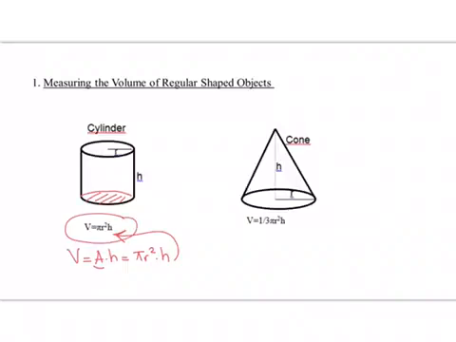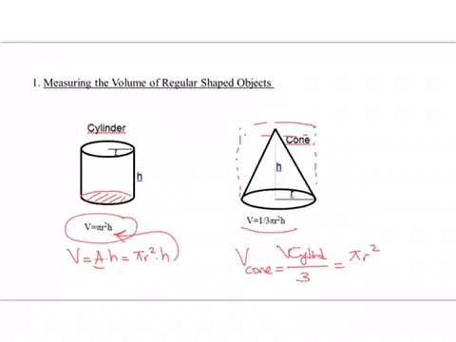A cone, when you complete a cone, you get a cylinder. So the volume of the cone is 1/3 of the volume of the cylinder. So you can say that the volume of cone is equal to the volume of cylinder over 3, which is equal to pi r squared h over 3.